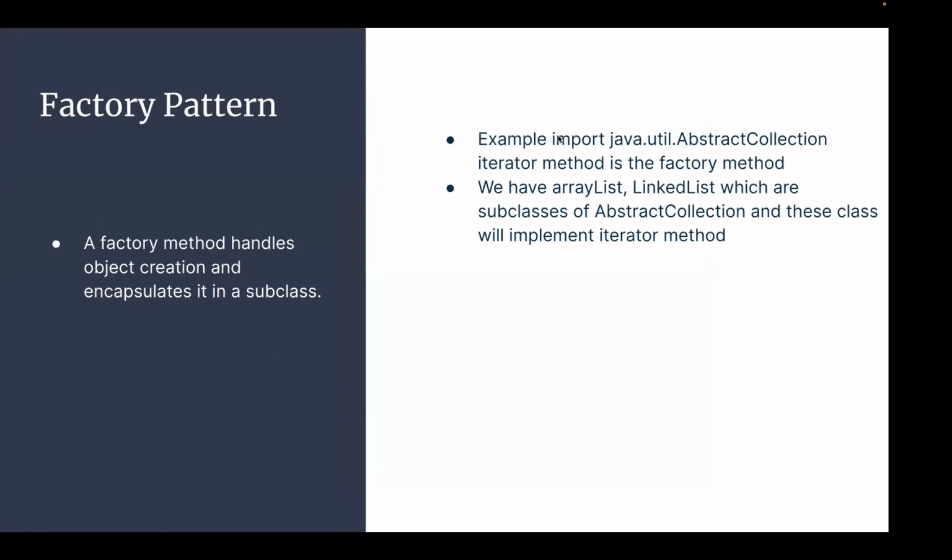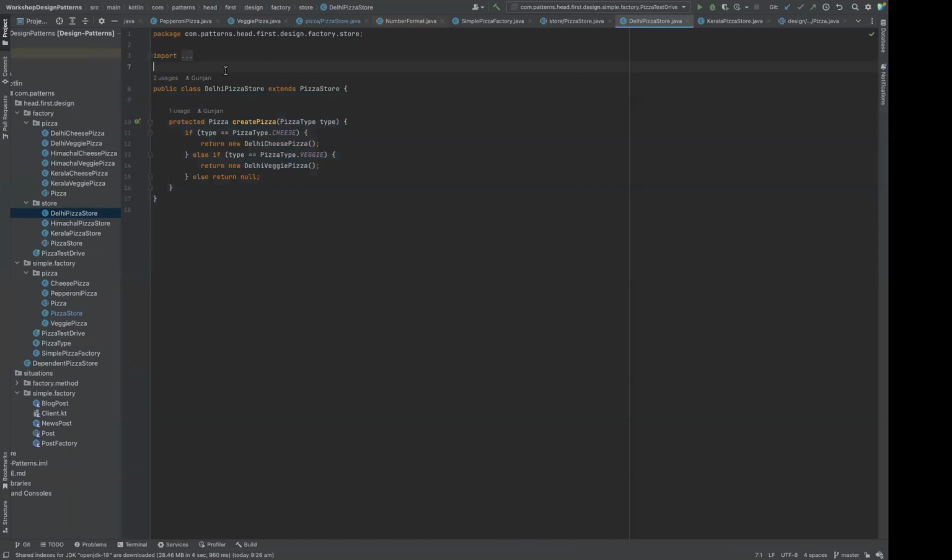Now, an example of this in Java, which you can find, is in AbstractCollection. We have an iterator method. This is nothing but a factory method, and the different subclasses that are implementing this factory method are ArrayList and LinkedList, and I will just quickly show that as well.